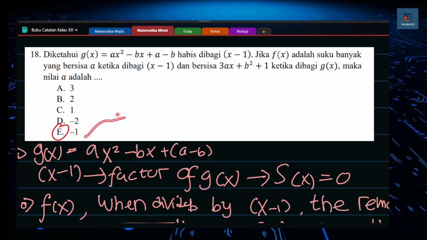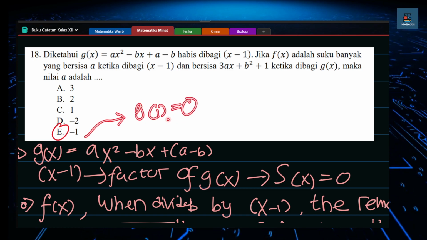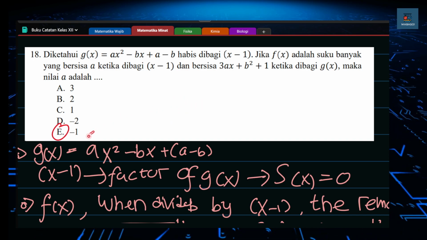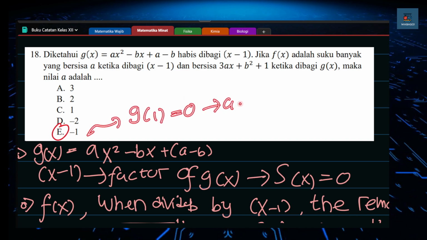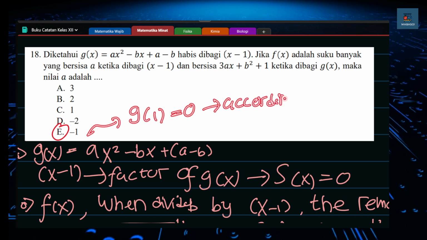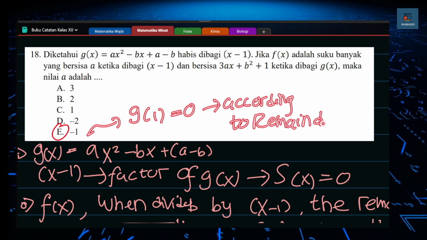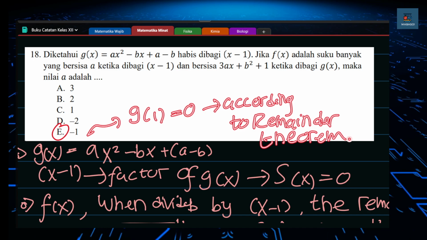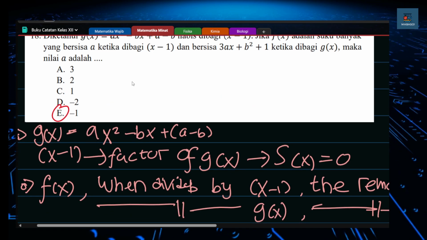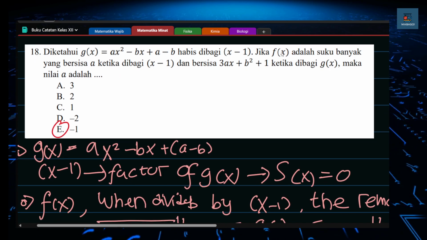Or in other words, the value of g(1) is equal to 0, according to the remainder theorem.